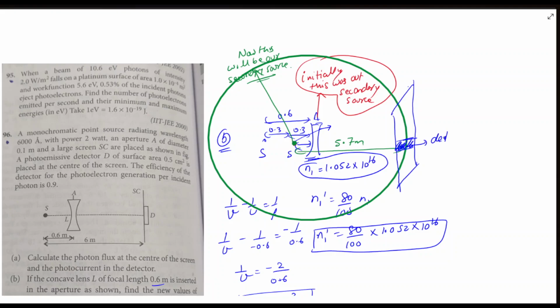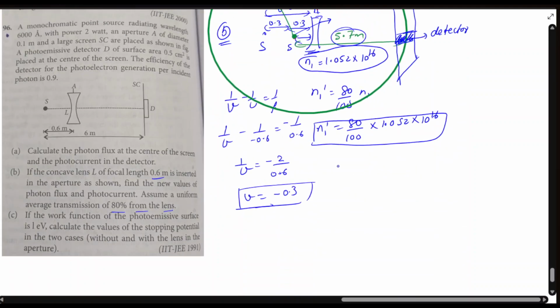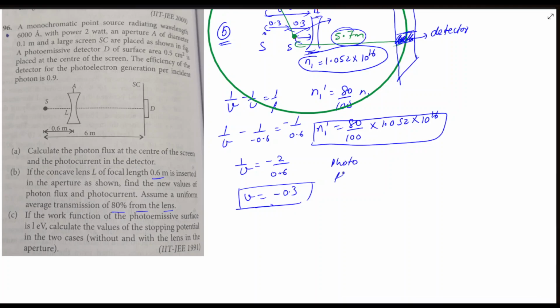So now this sphere of radius 5.7 we have to consider. So photon flux will be N1 dash divided by 4 pi 5.7 squared. If you calculate this, you will get 2.06 into 10 raised to power 13 per second per meter squared. So this will be our new photon flux.